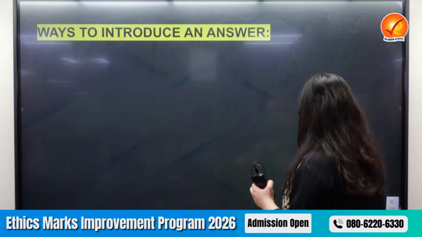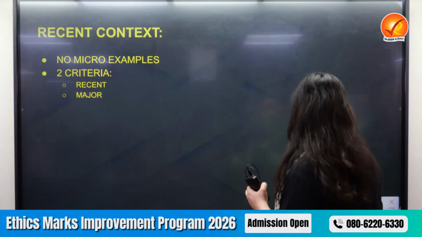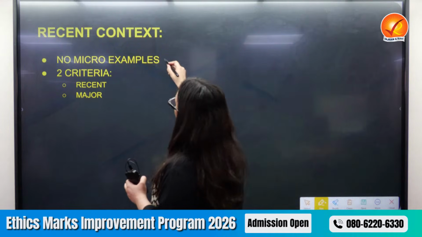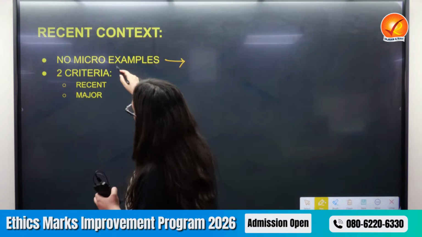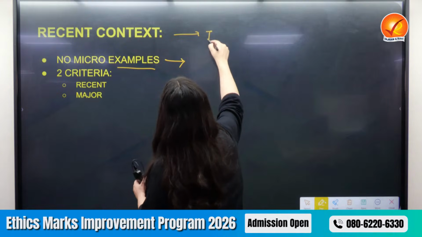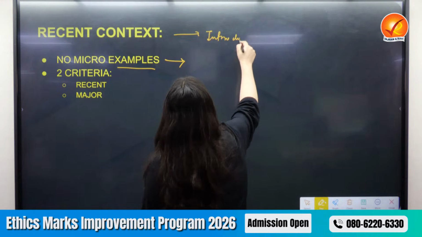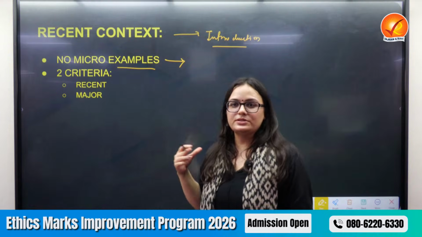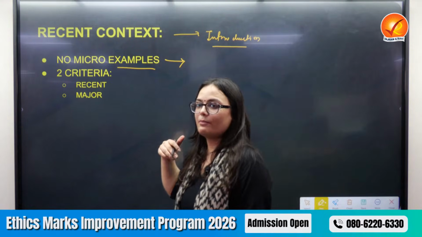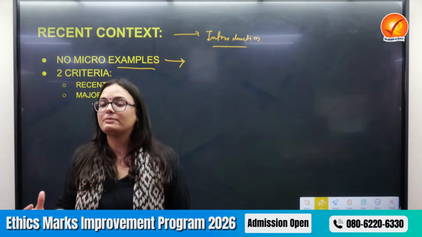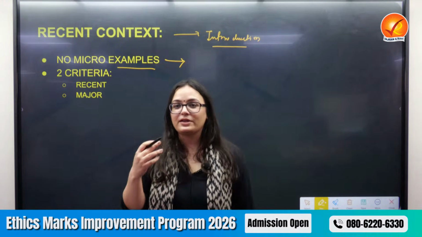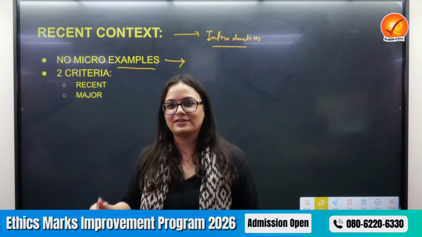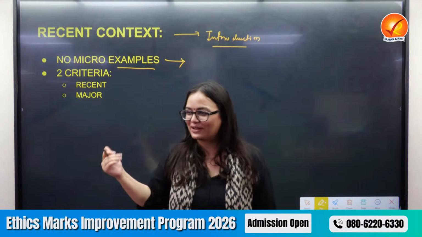So let me discuss this first. Recent context. Now in the recent context, please make sure, and this is only for the introduction, when you're introducing using a recent context, it should not be a micro example. Micro example means, I know that some people are very fond of reading their hometown's local newspaper, one page, about what is going on in their city or their town.